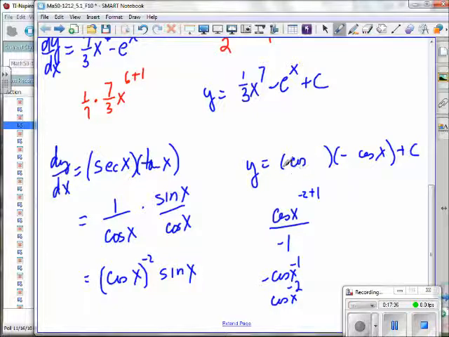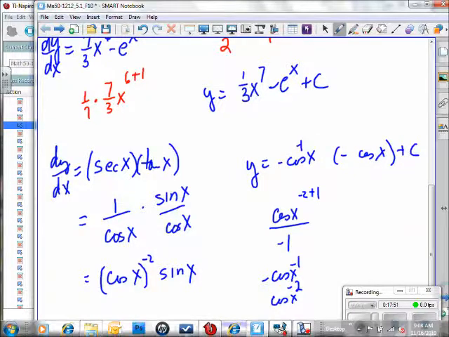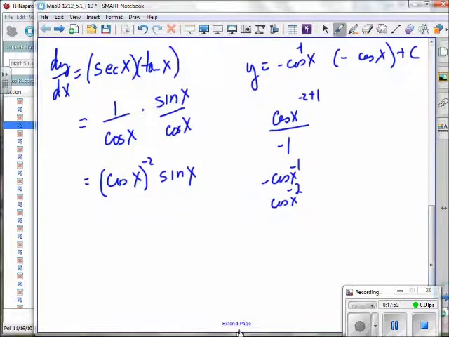So this would have to be negative cosine x to the negative 1. Help me out here. Am I right?